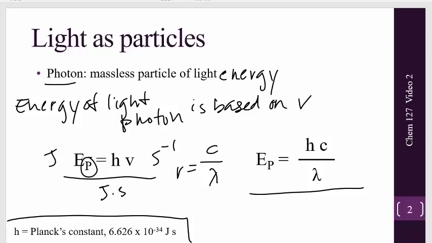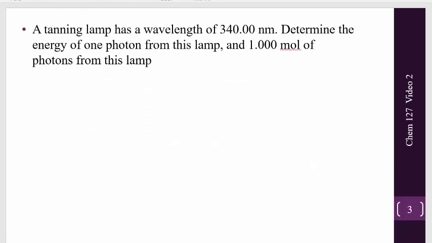Okay, so now we can do a little bit of practice with these different equations and these different relationships between frequency, energy, and wavelength. So here we have a particular light source. It's a UV light source, and it has a particular wavelength, 340 nanometers. We want to determine the energy of a photon from this light source, and also the energy of a whole mole of photons.